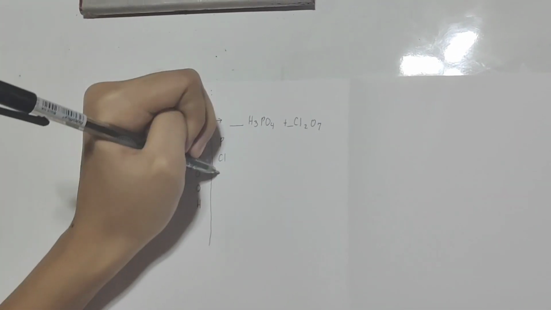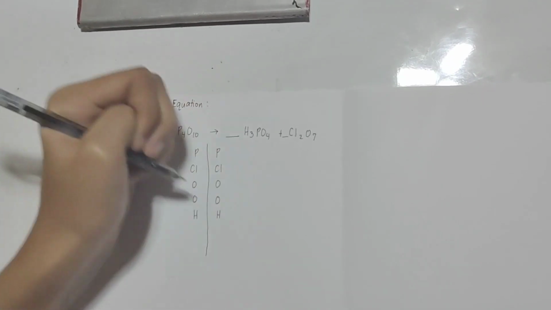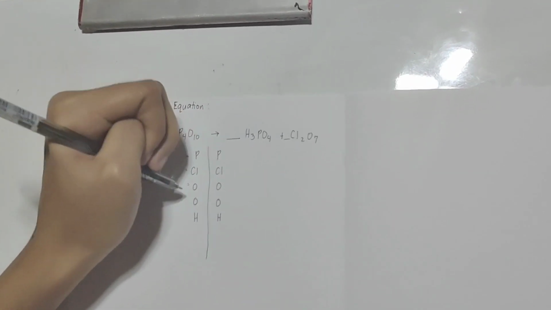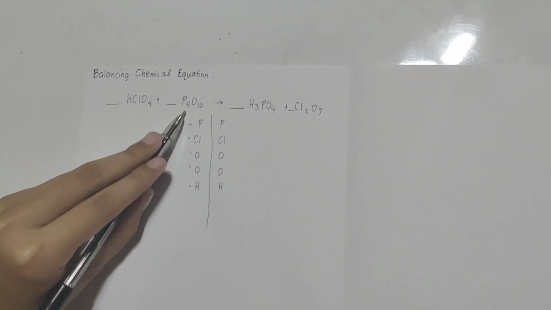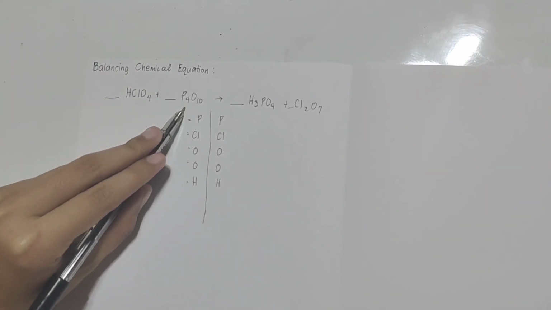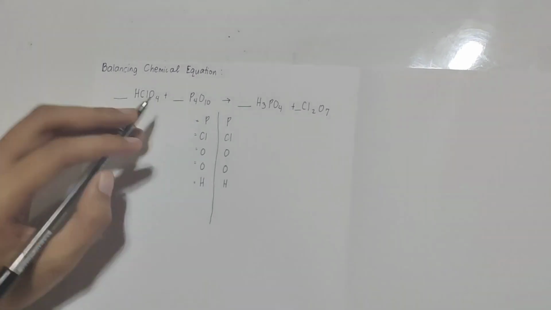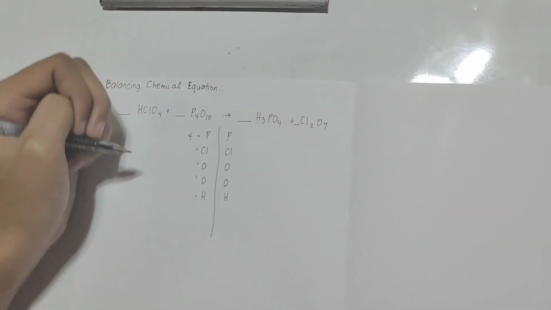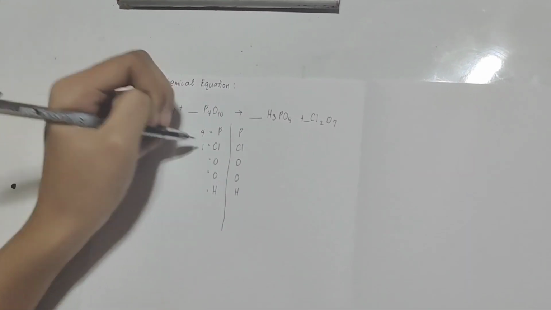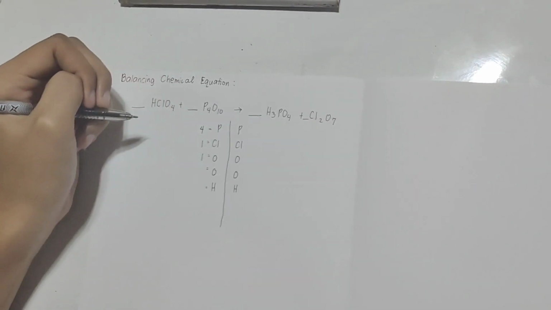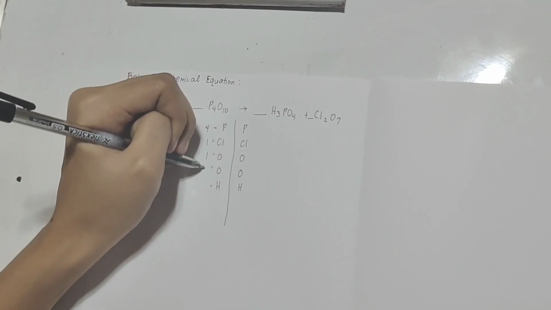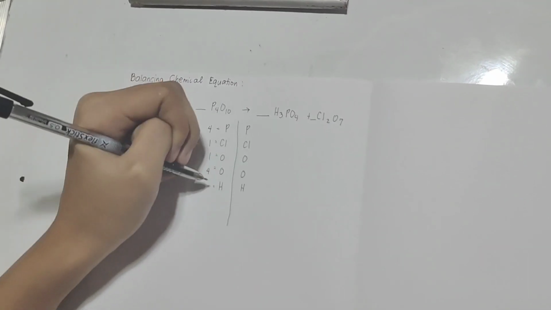Count the total number of atoms of each element in the reactants and in the products by looking at their subscripts. On the reactant side, phosphorus is equal to 4, chlorine is equal to 1, hydrogen is equal to 1, and oxygen is equal to 4 plus 10, a total of 14.